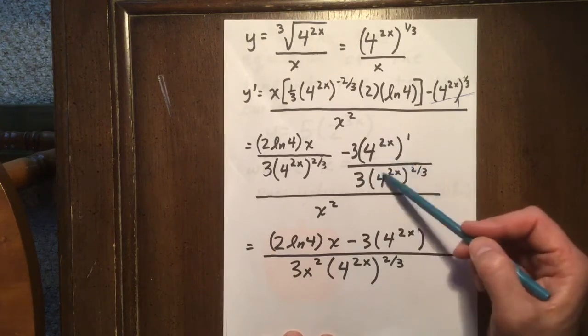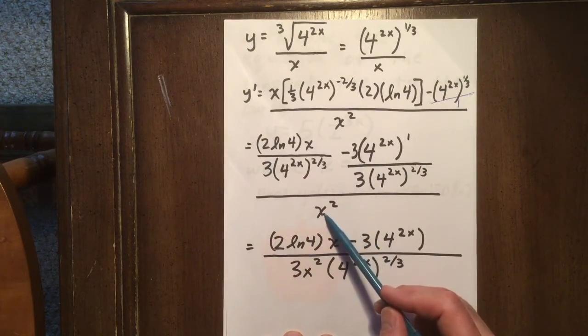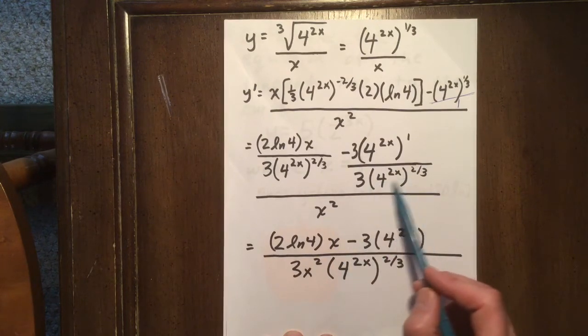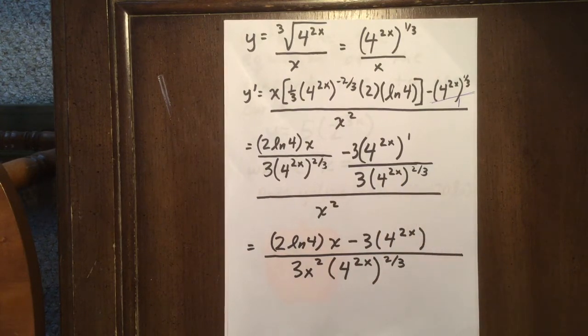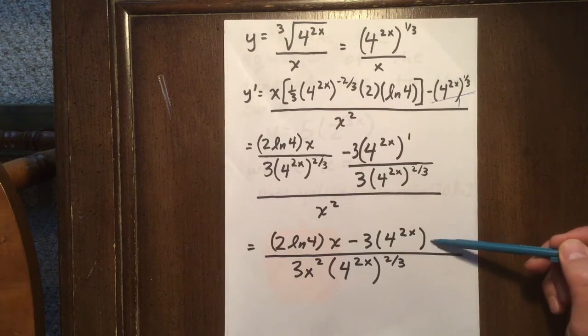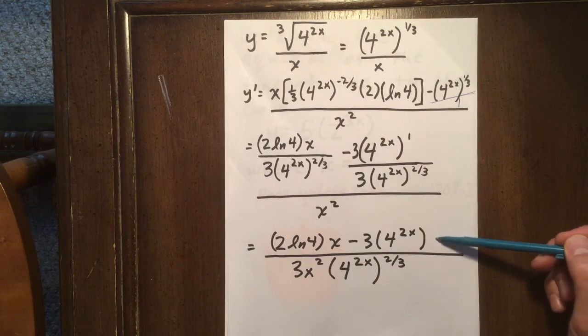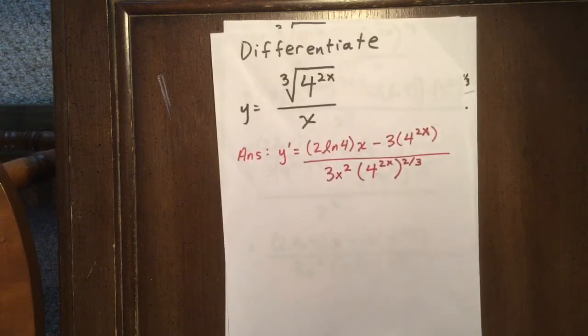When you have a fraction over another quantity, you can just multiply that quantity by the quantity in the denominator that you get in the numerator. I know it's fairly complicated, but it's just algebra. And then this becomes our final expression for the derivative of the original function.